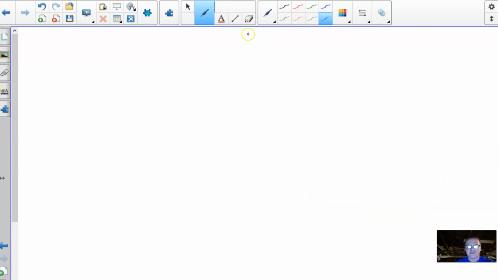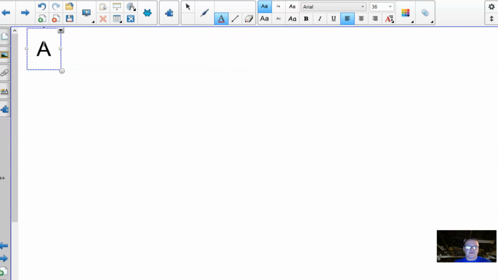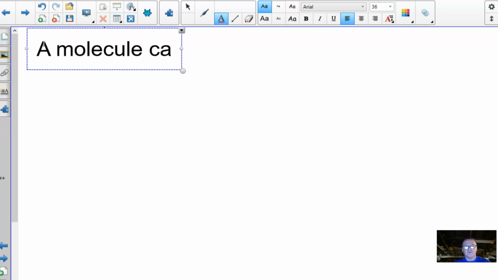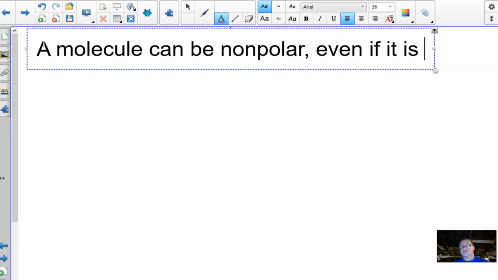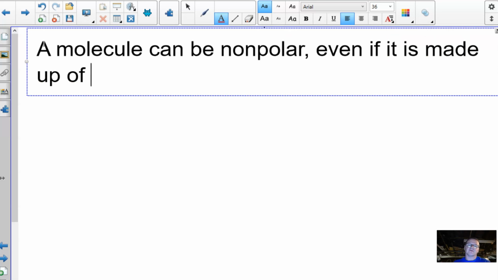So just as a statement to sum that up, a molecule can be nonpolar even if it is made up of all polar bonds.